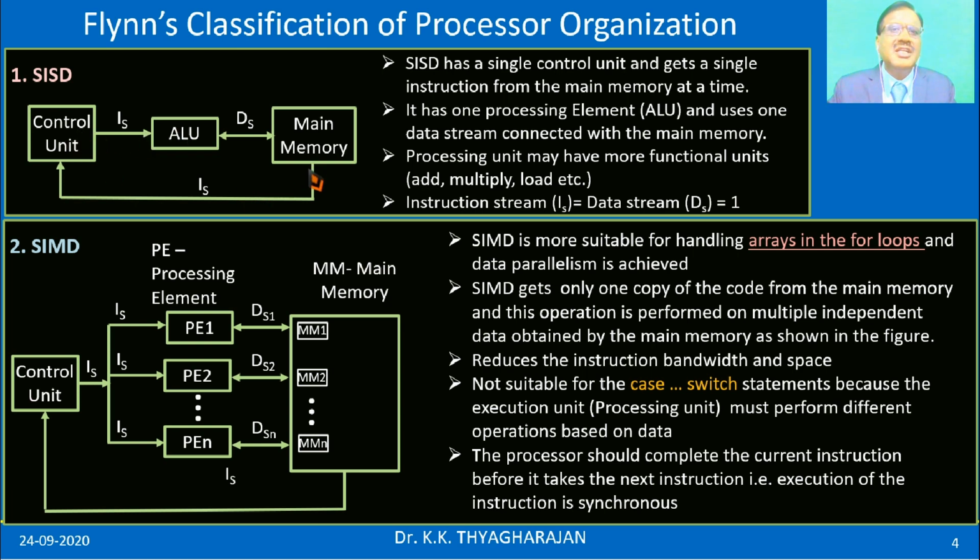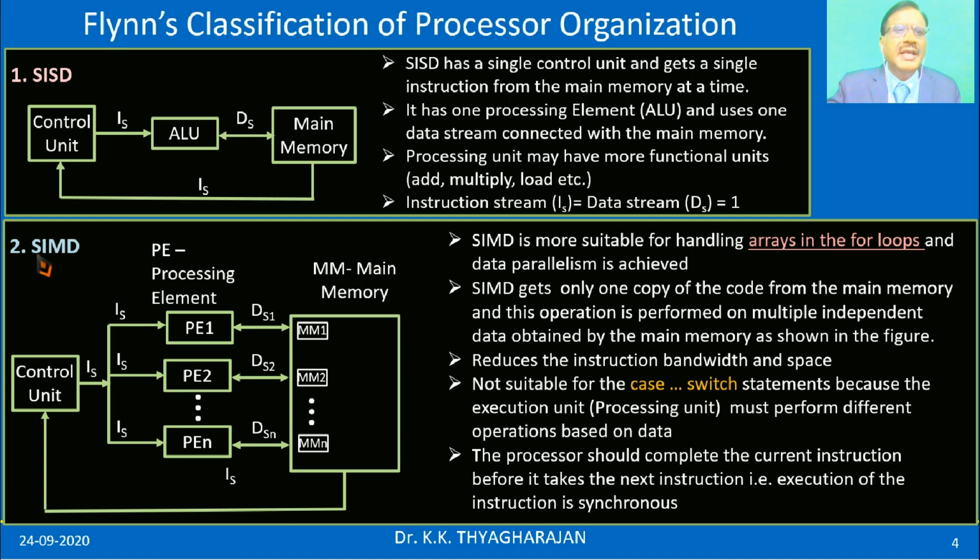Similarly, the instructions will be fetched from the main memory and it will be controlled by the control unit. So here in SISD, the instruction stream is single, that is one, and data stream is also one, that is you will have only one connection between the processing unit and the main memory.